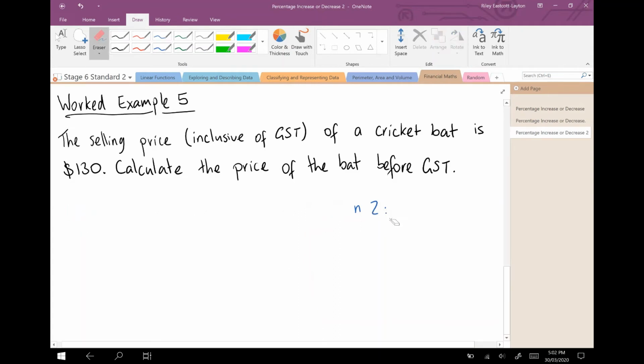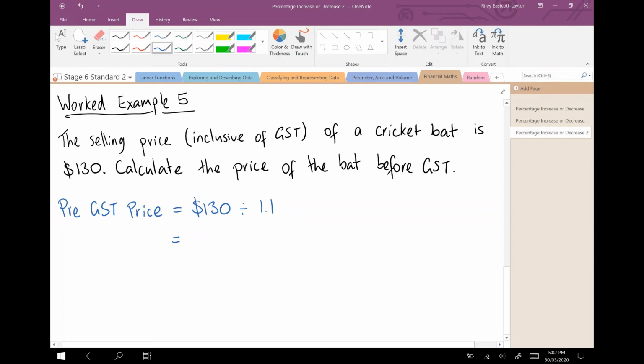So let's just roll with that. So we've got our pre-GST price would be equal to, now if you just remember your conversion table, I think that might be easiest. It's going to be $130 divided by 1.1, which is our conversion factor.